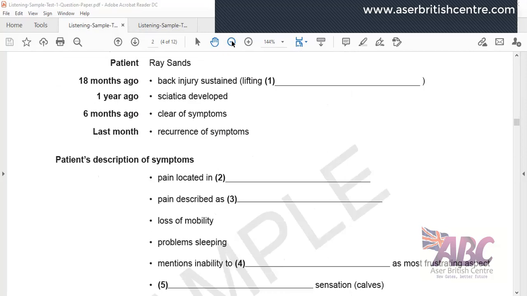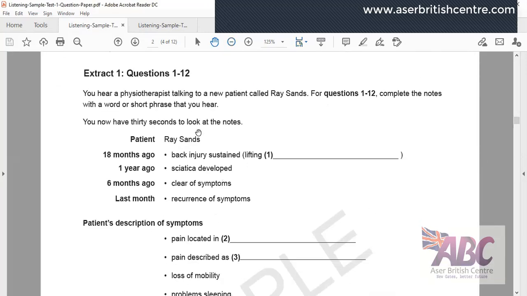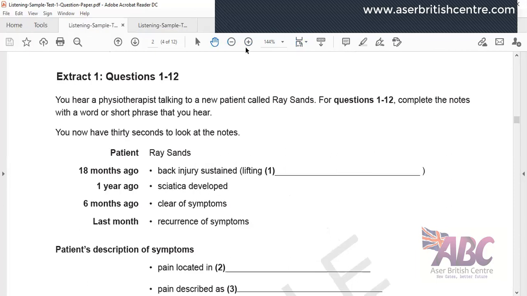As you can see, you will find plenty of text in front of you, but don't panic. You just need to scan it and know the general topics. Here we have a physiotherapist talking to a patient. One more time, we need to concentrate on the patient to get our answers here. Called Ray Sands. So this is the patient's name.